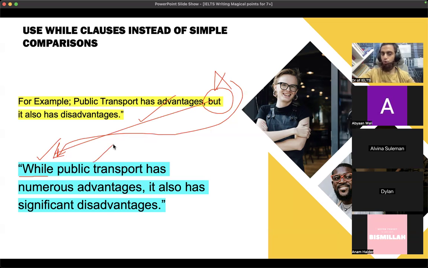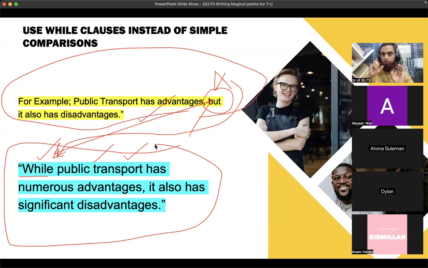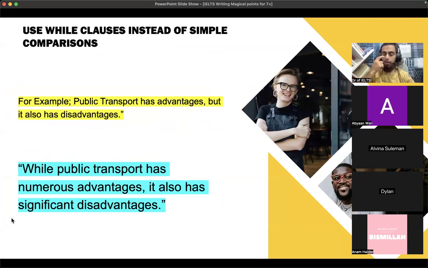And that sounds more advanced, better compared to but. Why? The logical answer is anybody can say the first sentence, but not every common person can say this one, right? When it comes to fluent speaking, when it comes to coherent writing. So these things mean that but must be avoided. Further, there are also some other alternatives for but. At the end, it will also come and we will discuss.